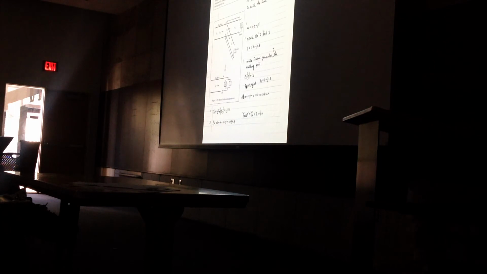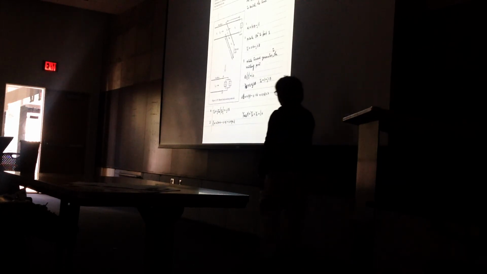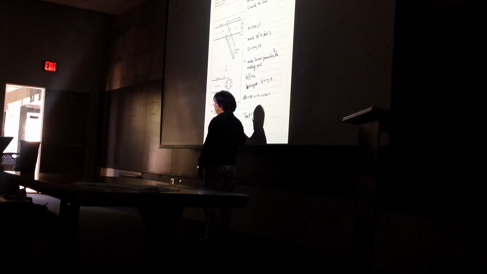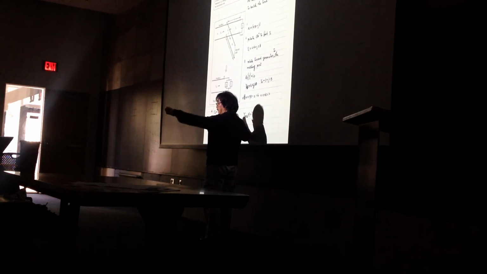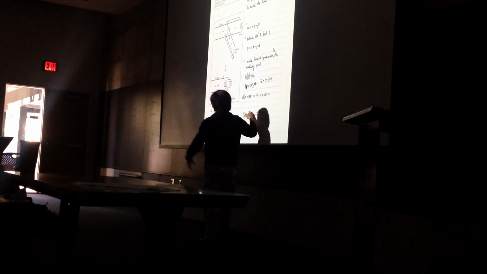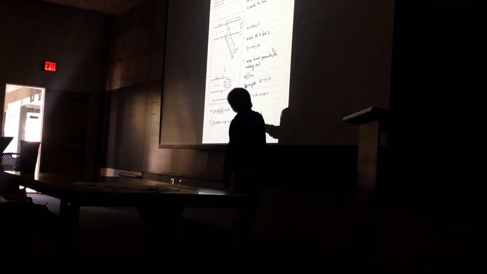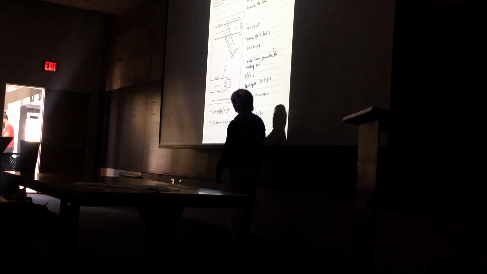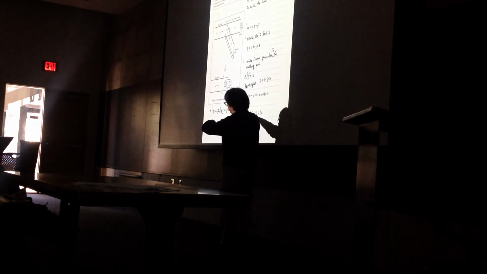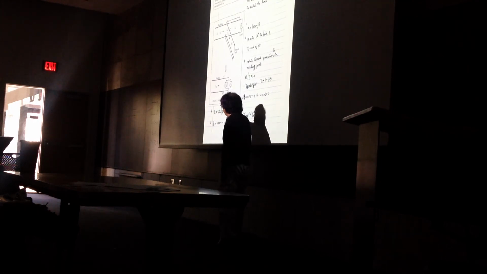So the distance that you need to travel is 0.094 lambda. That means the matching transmission line needs to be 0.094 lambda long. If it is 0.094 lambda long, then the admittance will be minus j1.5.